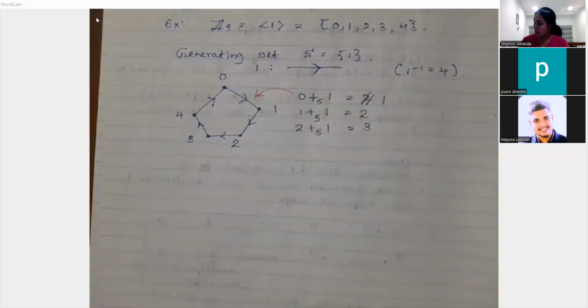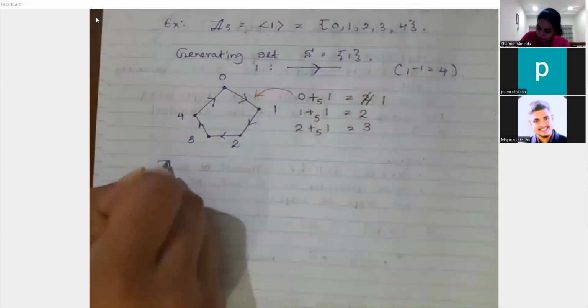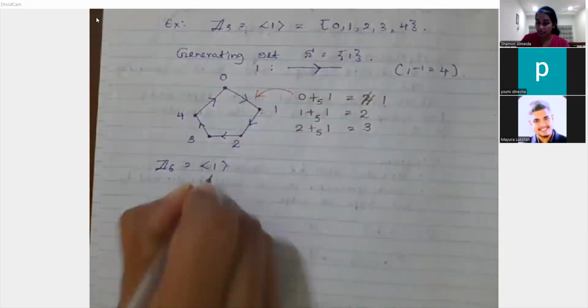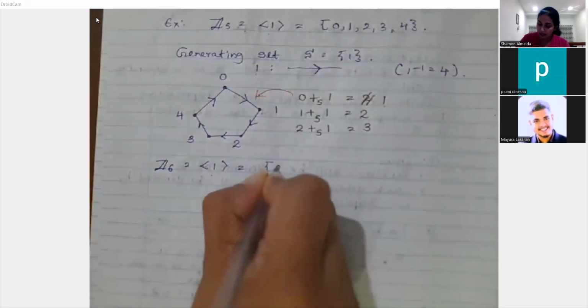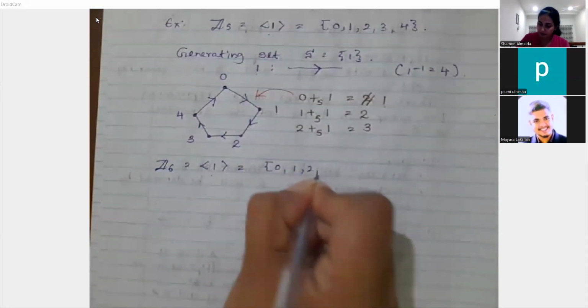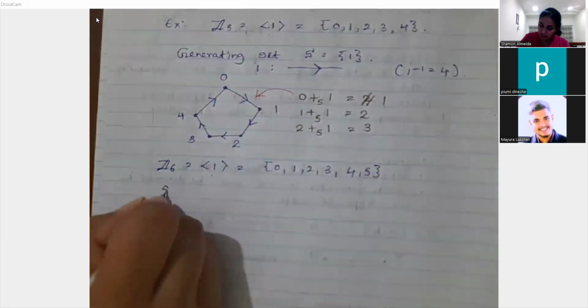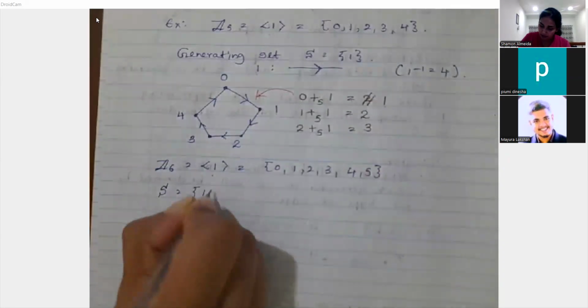Now let's take a look at another example. Let's go with Z6. First of all, let's take this generating set 1. So it has these elements. Generating set S is simply 1.